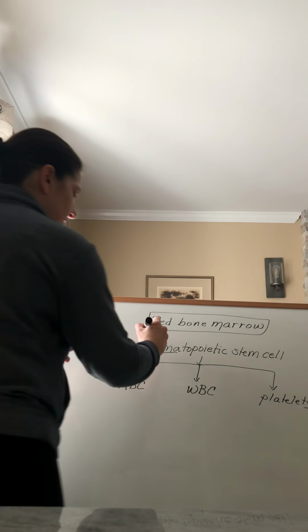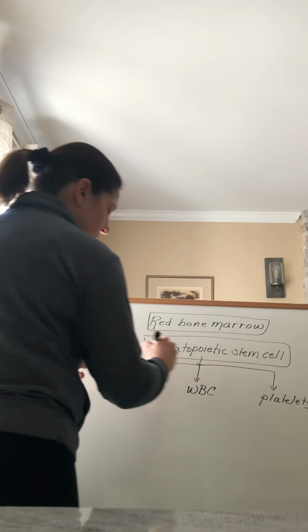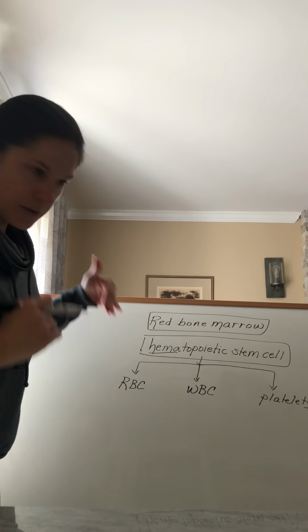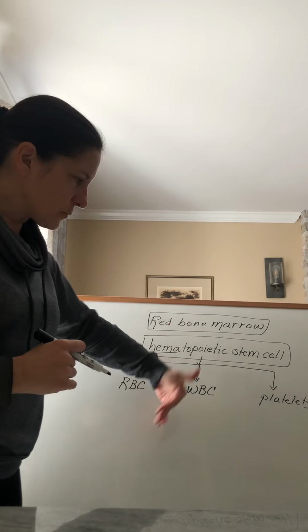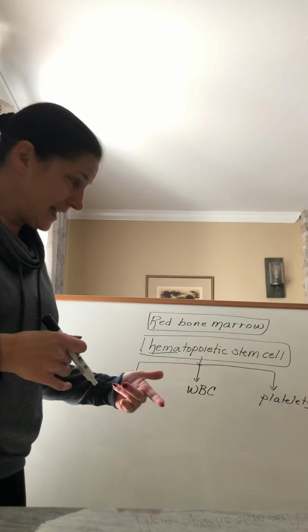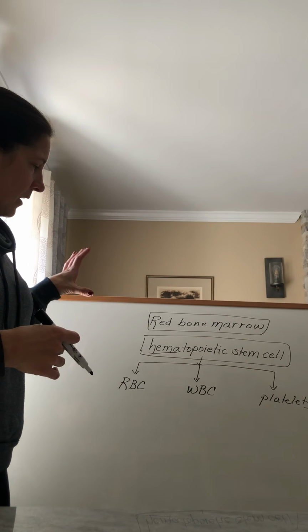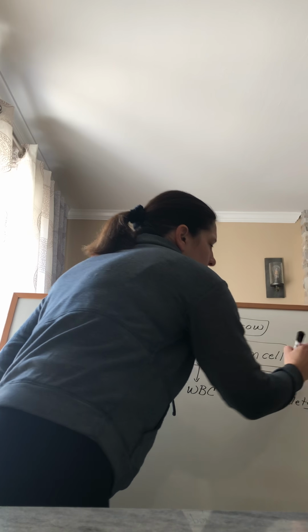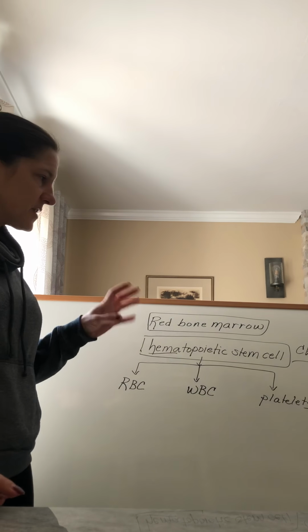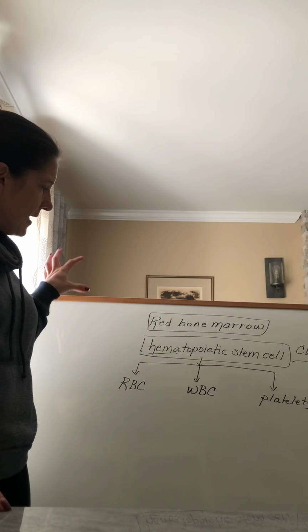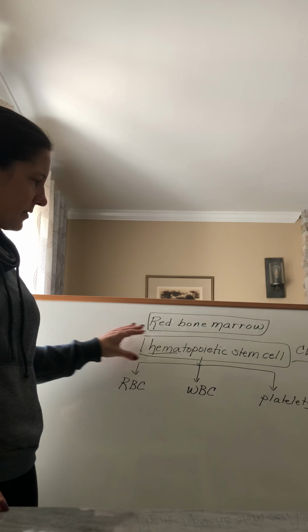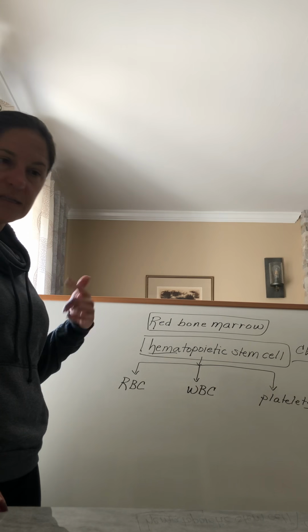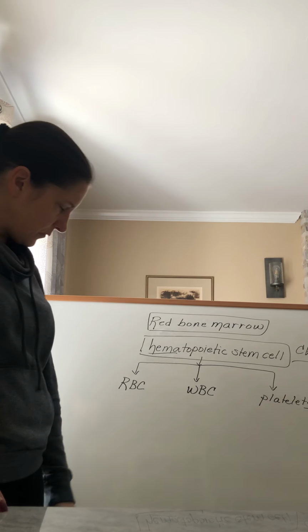This cell line has to continually regenerate so that it can support the production of red blood cells, white blood cells, and platelets all the time. When someone is undergoing treatment for cancer, that becomes a challenge, because if someone's undergoing chemotherapy, it could potentially knock out the ability of this cell to reproduce itself quickly enough to produce all of these formed elements.